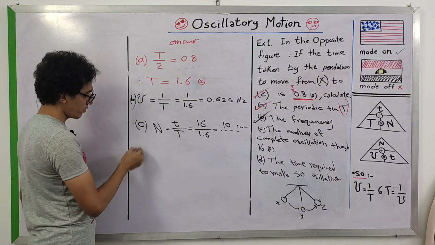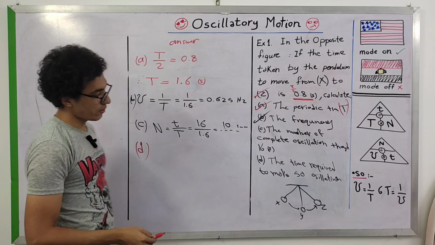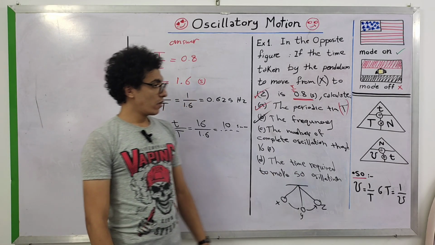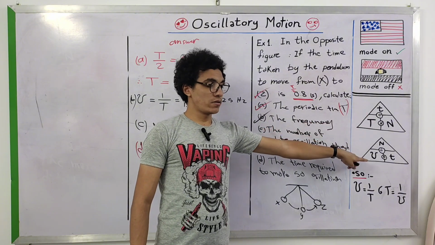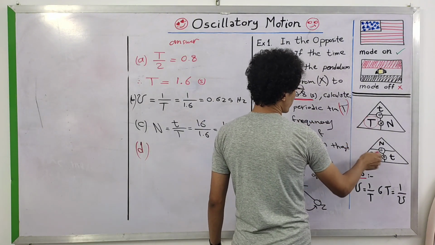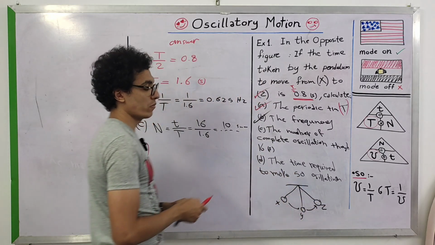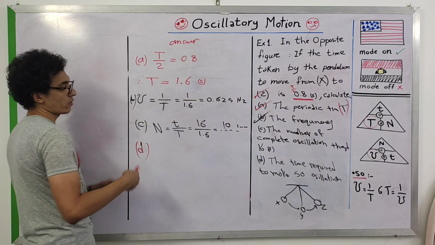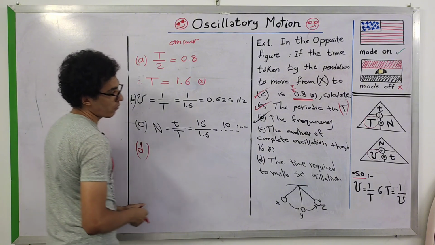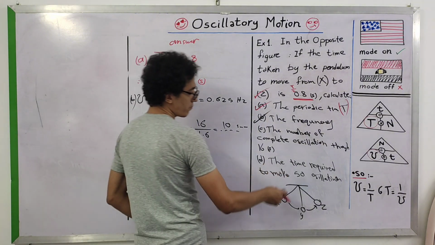The last one, B, the time required to make 15 oscillations. I will use this or that, whatever, because T uppercase and nu will be static numbers. We will use them in whatever you want. Okay, I will use, he needs time.